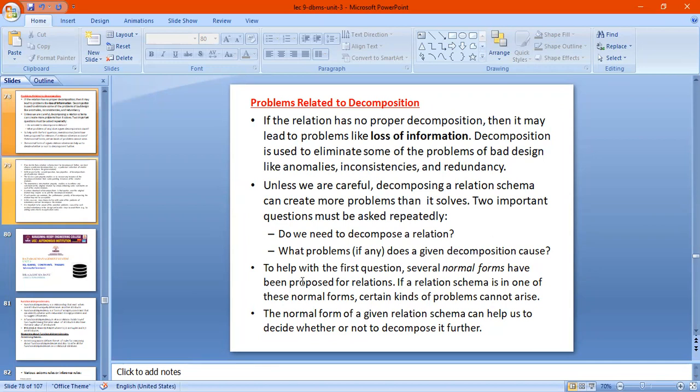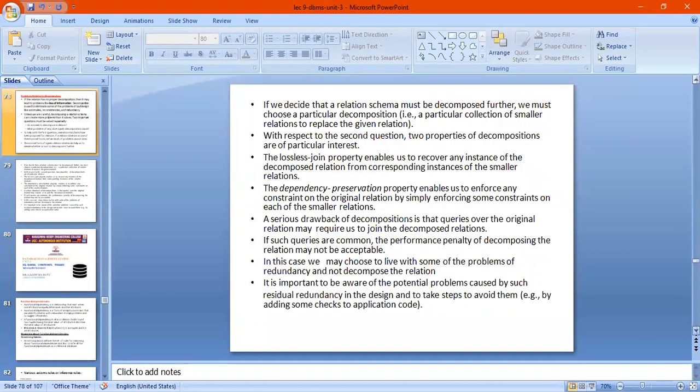To help with the first question, several normal forms have been proposed for relations. If the relational schema is in one of these normal forms, certain kinds of problems cannot arise. The normal form of a given relation schema can help us decide whether or not to decompose it further. So that gives the basis of normalization.